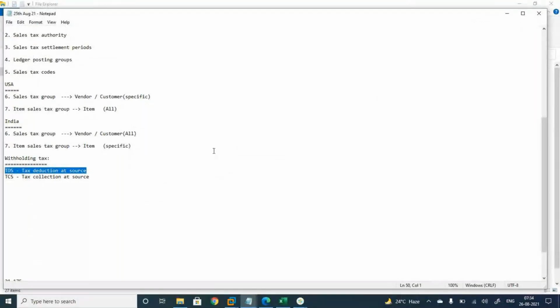Now, withholding tax means tax deduction at source for services. If you are taking services, you need to deduct the tax amount. Example, as I told you, I am providing services to an institute.